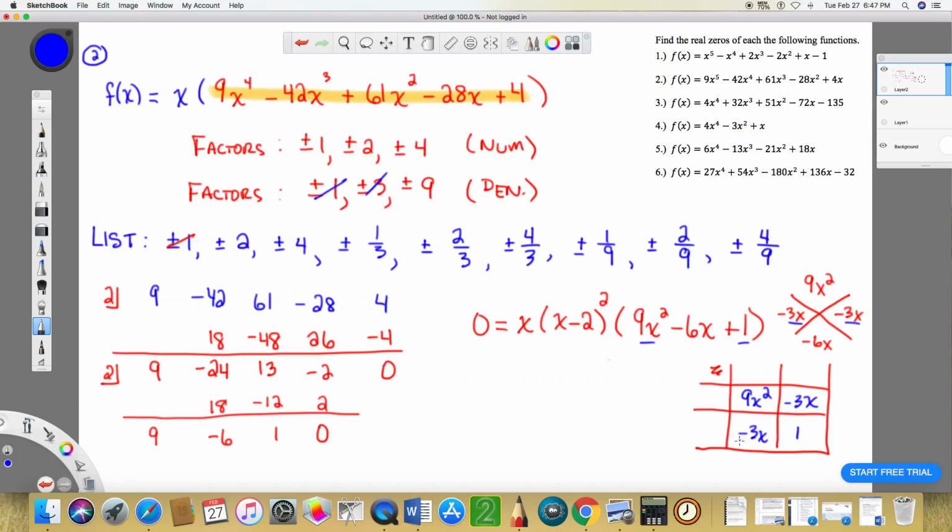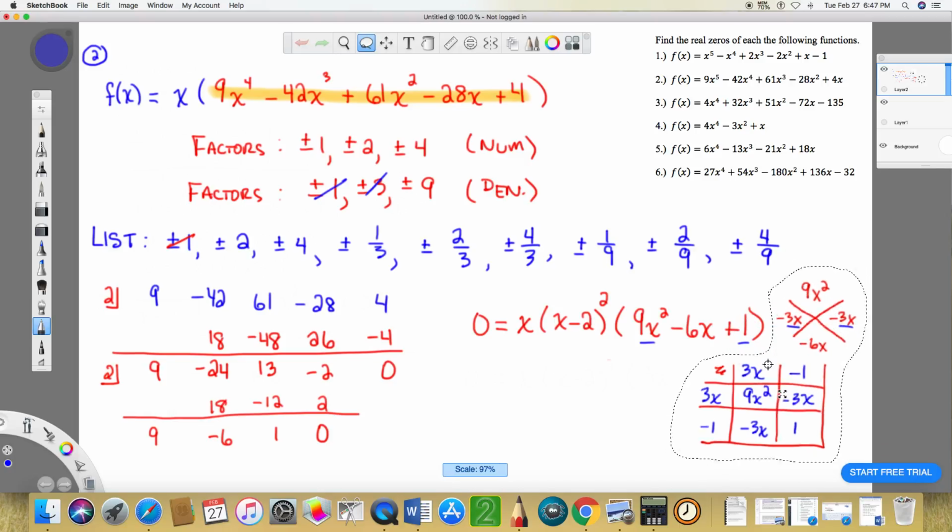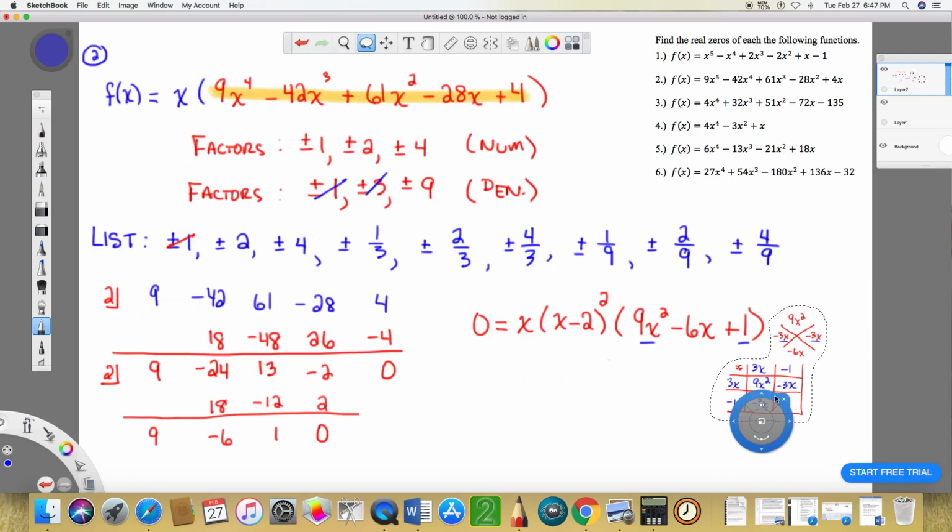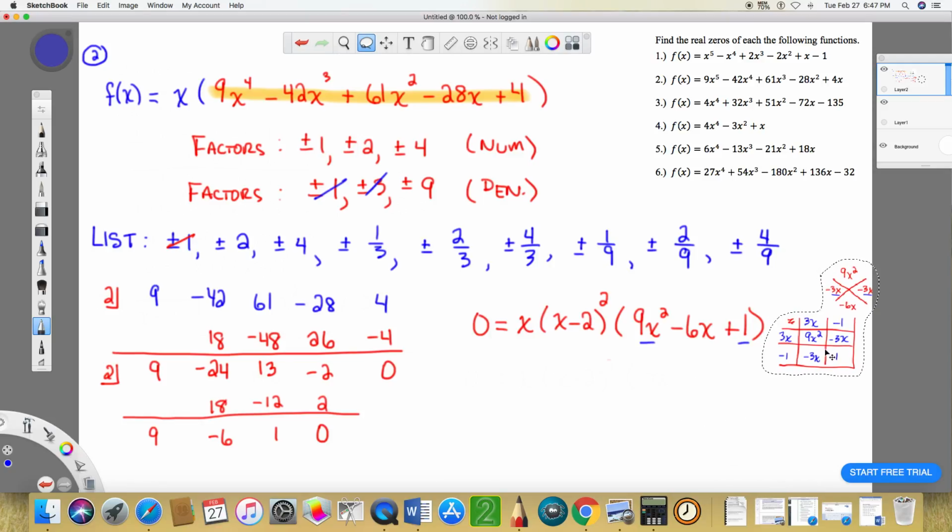Now, since this diagonal is both negative and that's a positive 1 right there, this is going to be -1 and -1. And this has to be 3x and 3x. So, let's see if I can shrink that down a little bit, or at least move it out of the way.